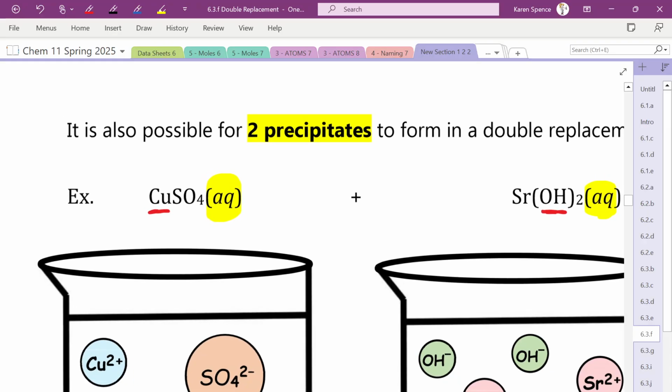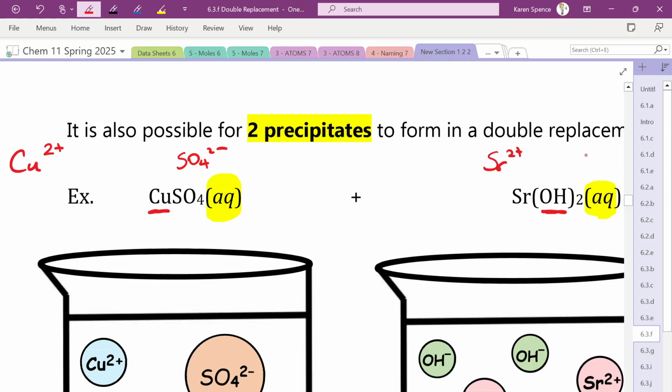What is the charge of Cu in CuSO4? SO4 is 2-, so that means copper is 2+. Yeah? Strontium, we can just look that one up.